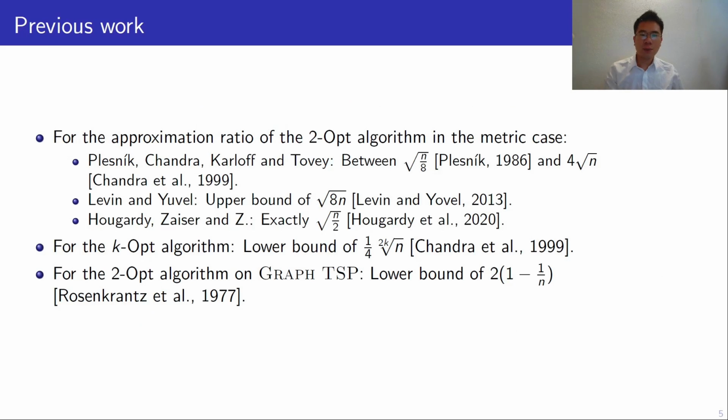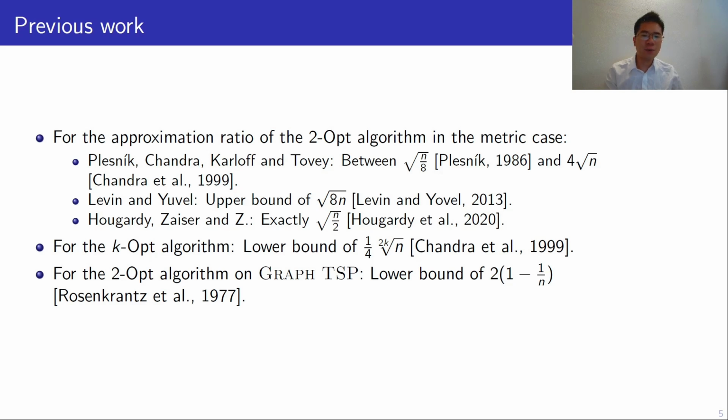So what is known about the k-opt algorithm? For the approximation ratio of the 2-opt algorithm in the metric case, Plesník, Chandra, Karloff, and Tovey showed that the approximation ratio is between square root of n over 8 and 4 times square root of n. Levey and Yuval improved the upper bound to square root of 8n, and recently the approximation ratio was shown to be exactly square root of n over 2.